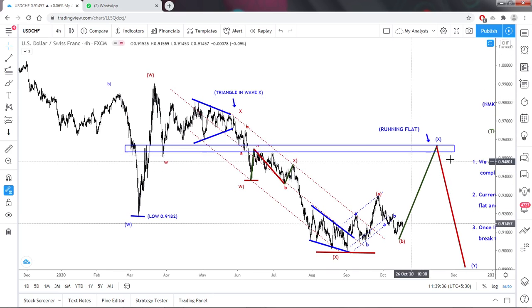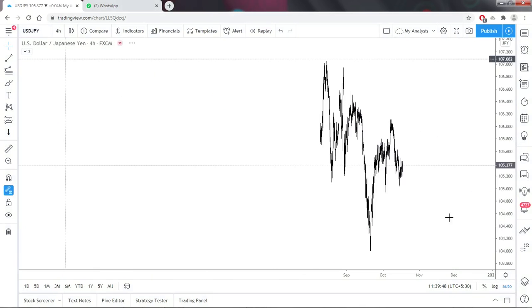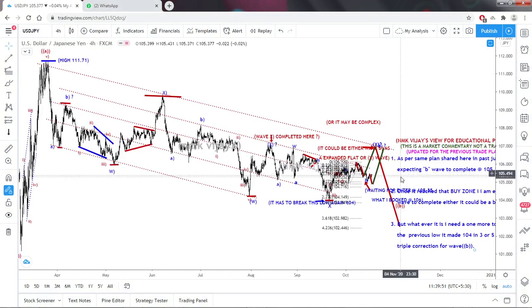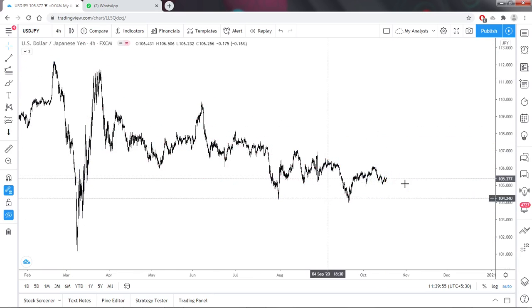So my bias is the same thing. There is no change in my plan. So once it happened here, why I am so strong on these points in UJ also, I will show you. Why I am so biased on this wave: in gold and silver it is looking like it will drop again.